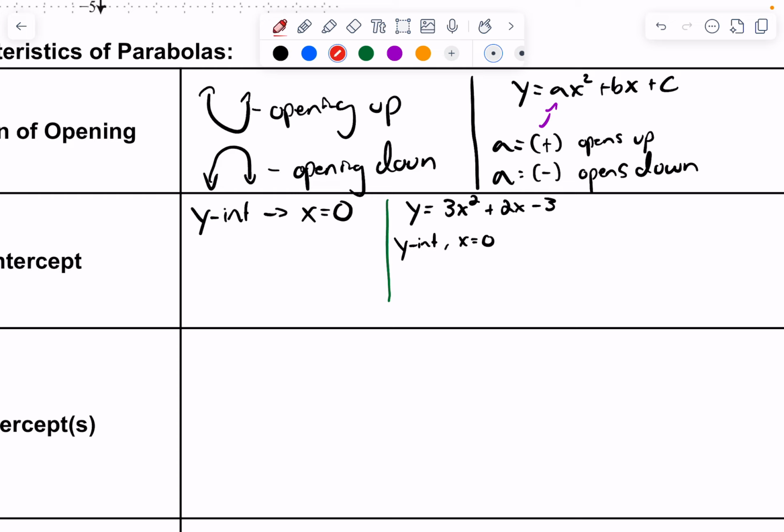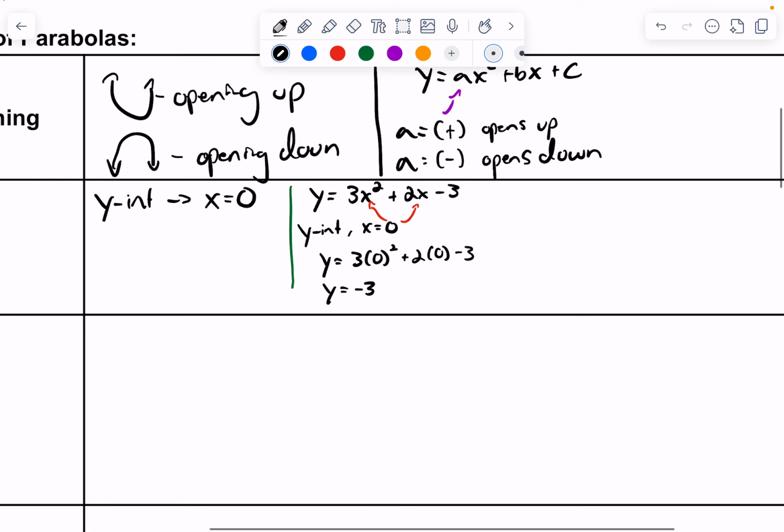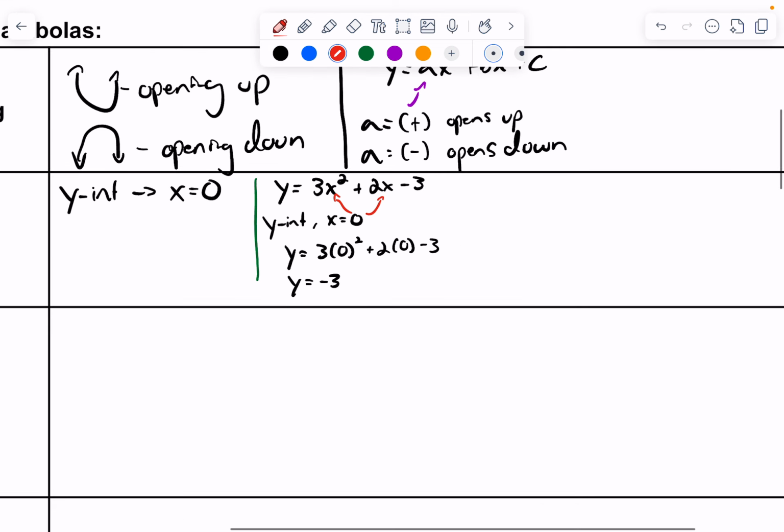So you take that 0 and plug it in for x, and you evaluate. You say, okay, well, 3 times 0 squared plus 2 times 0 minus 3. So that results in y being minus 3. So in this case, the y-intercept for that quadratic is at minus 3.